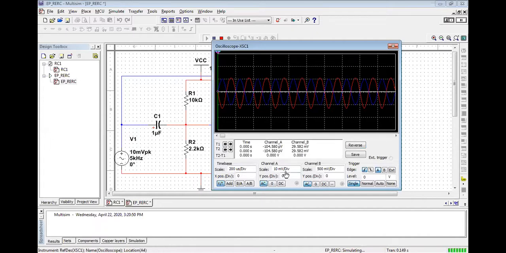Here it is 10 millivolt per division, and you can see this blue wire spans 1 and 2, complete 2 divisions at 10 millivolt per division. So ultimately it is a 20 millivolt peak to peak AC input that we are going to supply via channel A. You can see this is positive and this is negative. Whereas in this diagram, it is mentioned as 10 millivolt PK, so it is talking only about the peak.